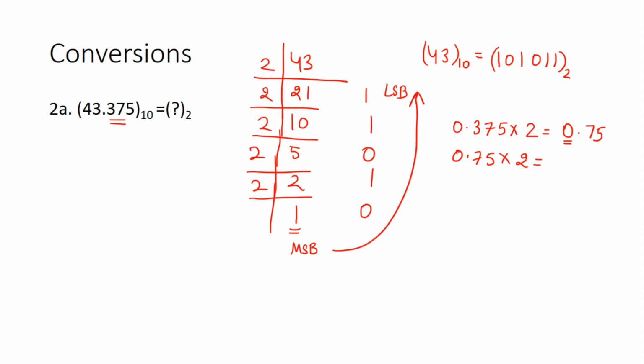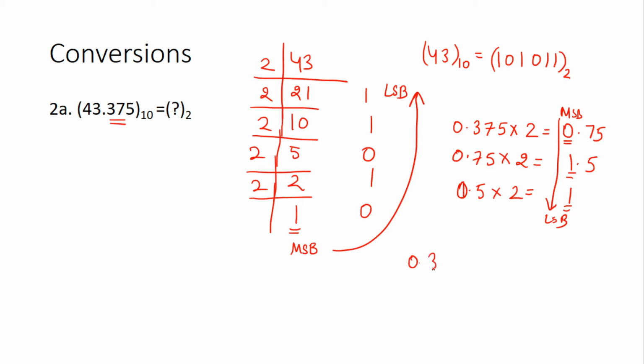So it would give us 1.5. We're going to multiply it again by 2. We're going to multiply 0.5 by 2 and it will result in 1, and we will write this in, this would be the MSB here and this would be the LSB here.